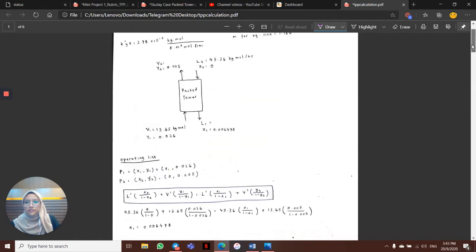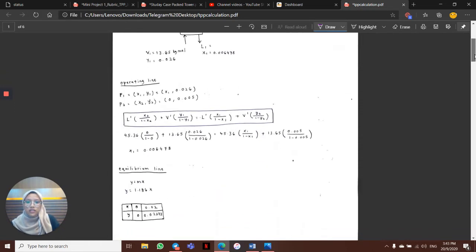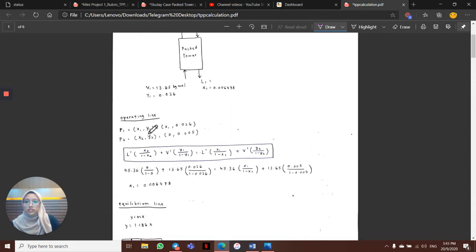We have X2 and Y2, but for point 1 we only have Y1 but not X1. To find X1, we can use the equation in the appendix and substitute the values in the equation. X1 you will get 0.006478.